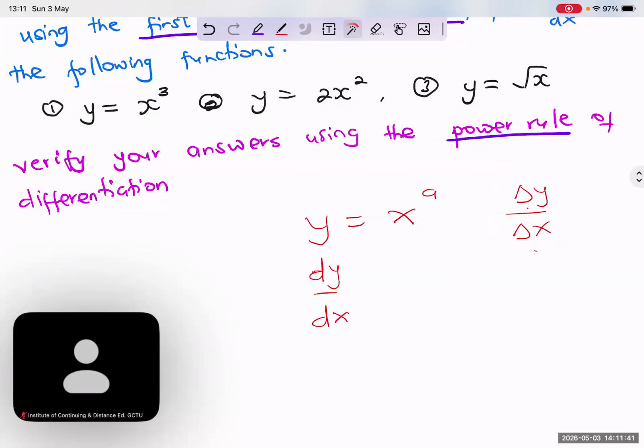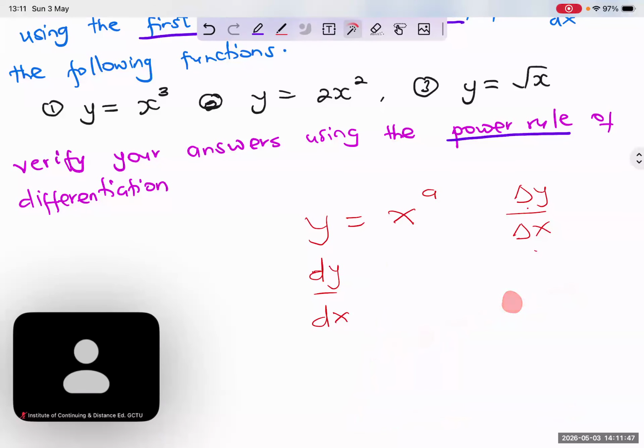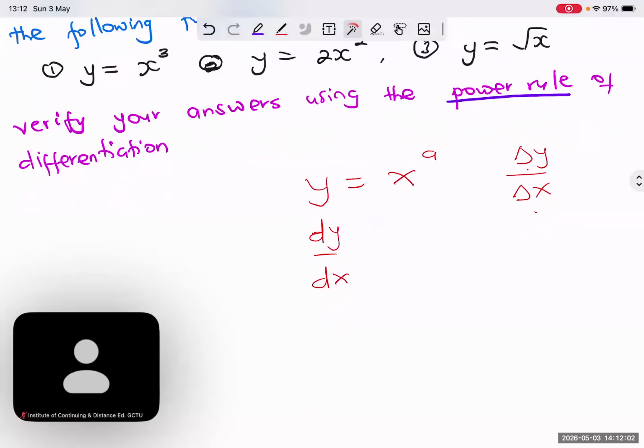So I have a straight line. I want to find the slope. I'll pick 2 points on the straight line, and find the change in y with respect to the change in x. However, when you don't have a straight line, or when you have a line that has only 1 point on it, then finding the slope of such a line becomes difficult because to find slope, you need 2 points.